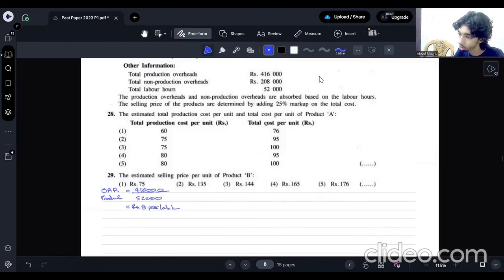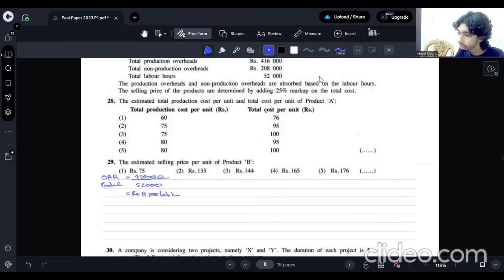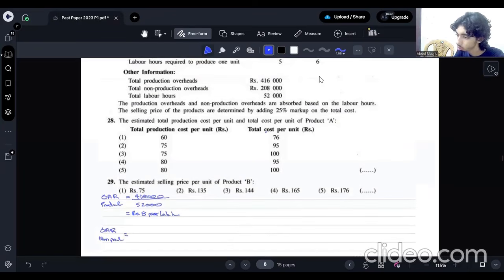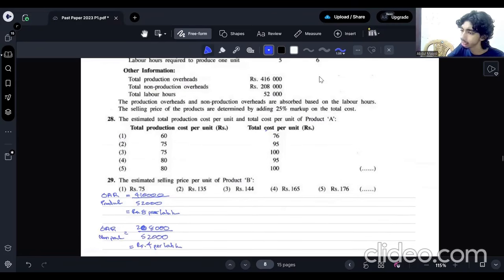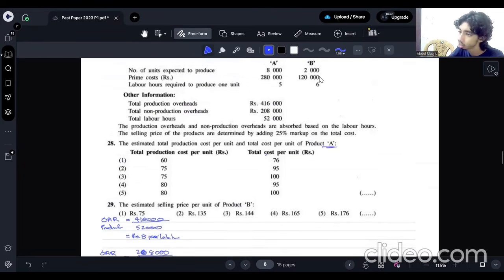This is your production cost OAR. Then the OAR of your non-production cost will be 208,000 divided by labor hours 52,000. 208 divided by 52 will give you rupees 4 per labor hour. Now question 28 is asking to find the estimated total production cost and total cost of product A.